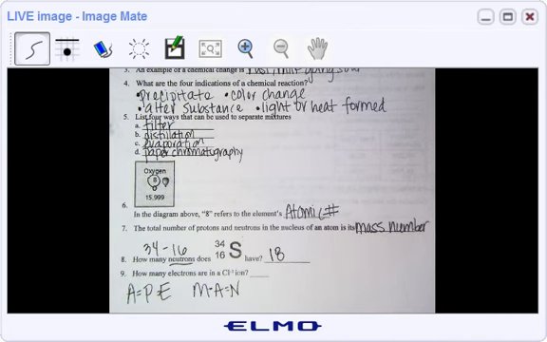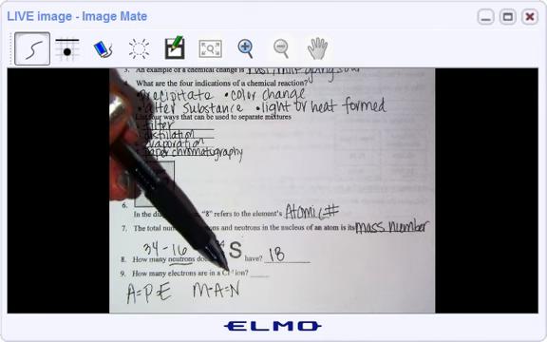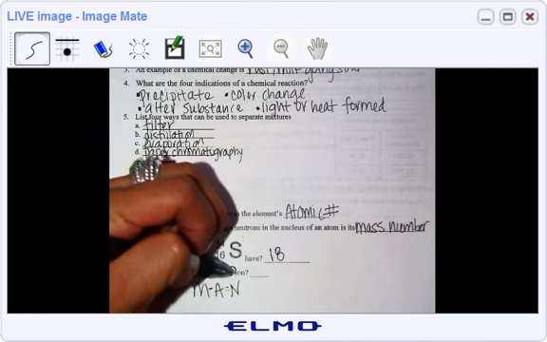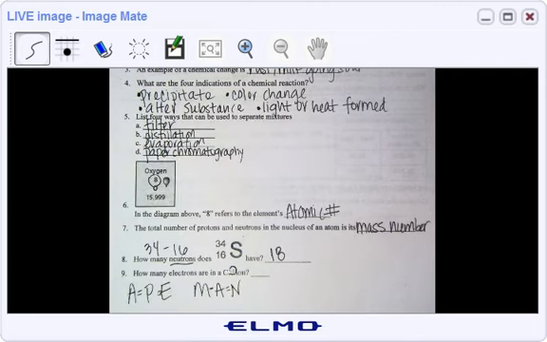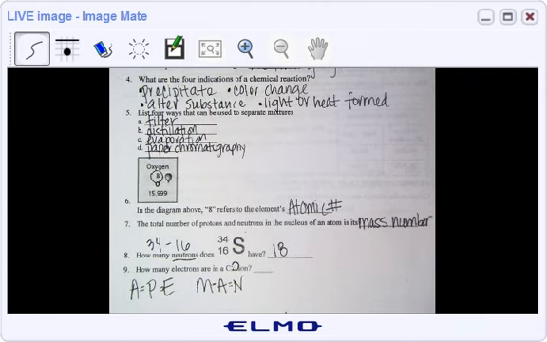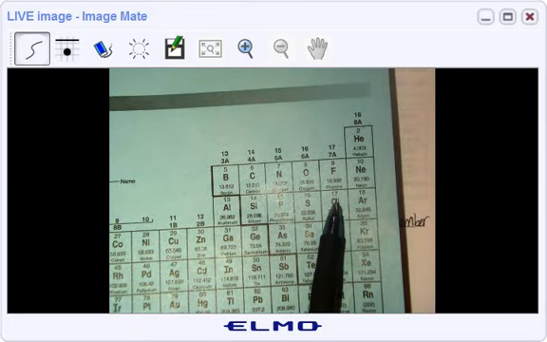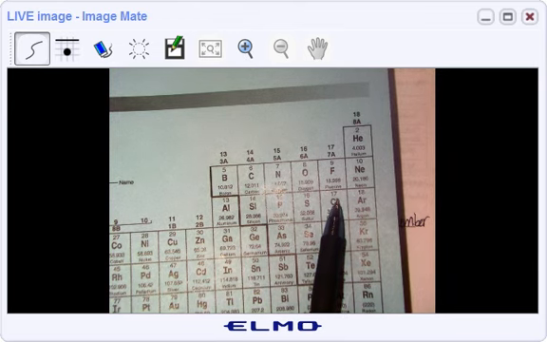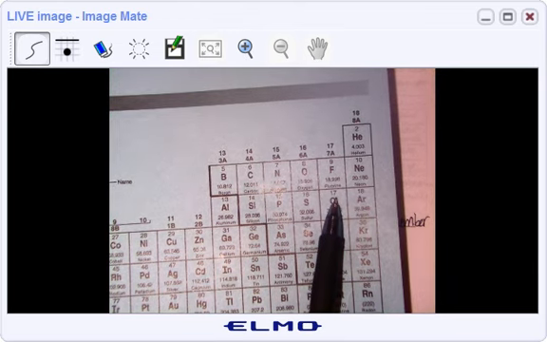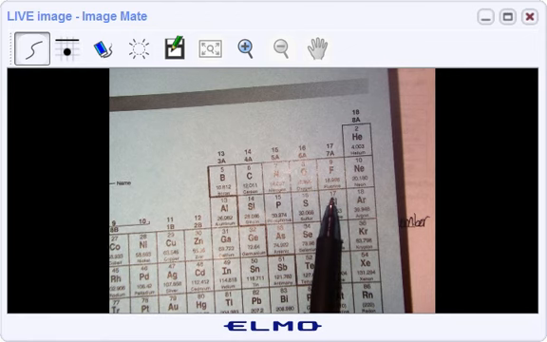How many electrons are in a chlorine ion? So it's charged. If you look really closely, it's been given an extra electron. So normally what you would do is just look at the periodic table, find chlorine, it's right here. The atomic number is 17. So there's 17 protons and 17 electrons, except in this case it was given one more electron.